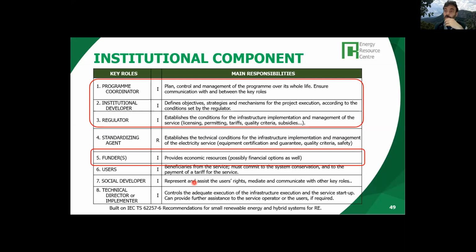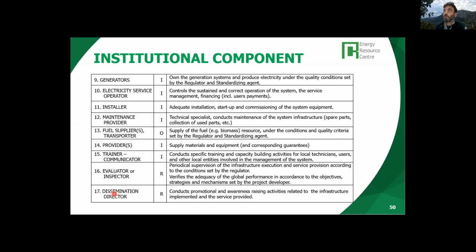It's an intermediary. We need technical direction, engineering capacity, construction capacity. We need an entity that's going to be generating the electricity. This could be different from the ones before. We need a service operator, which could be the same as the generator entity or could be different, okay? There are different approaches, different power purchase agreements, etc.